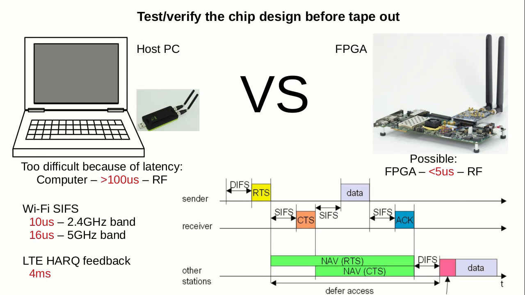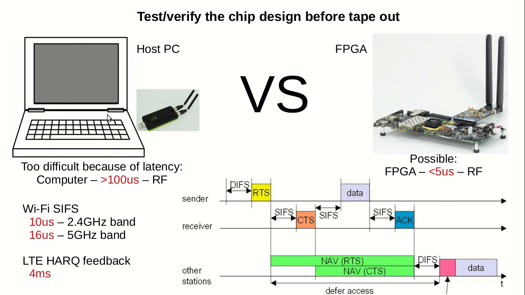So, after we are clear on that, we consider how to verify our Wi-Fi chip design before we do the tape out, because tape out costs lots of money. No one will tape out a chip design directly. So always the first step is to verify your chip design with some programmable platform, like the software defined radio method, right?